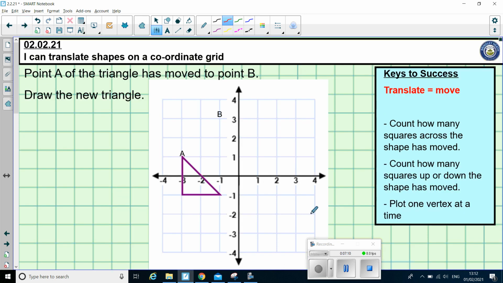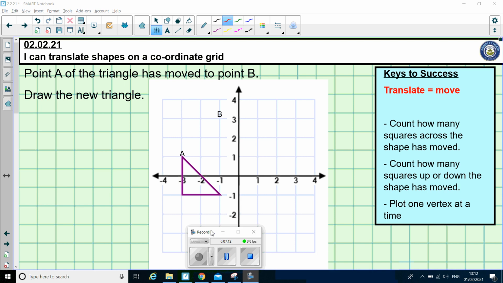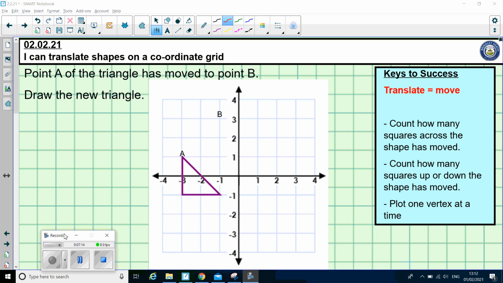Okay, today when you go into maths.co.uk, there's two types of question you're going to come across. The first question looks a little bit like this. So we've got a triangle drawn on my coordinate grid, and they have given this corner of the triangle, this vertex of the triangle, the letter A. So this corner or this vertex is A. And they say that point A of the triangle has moved to now be at point B. Draw the new triangle.